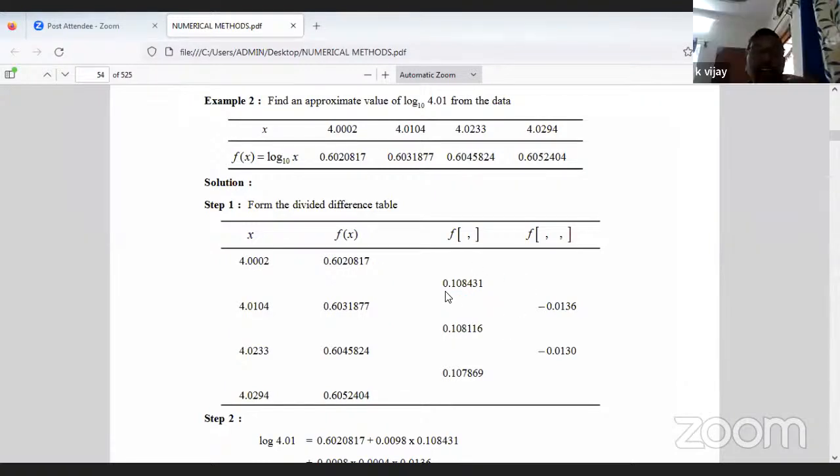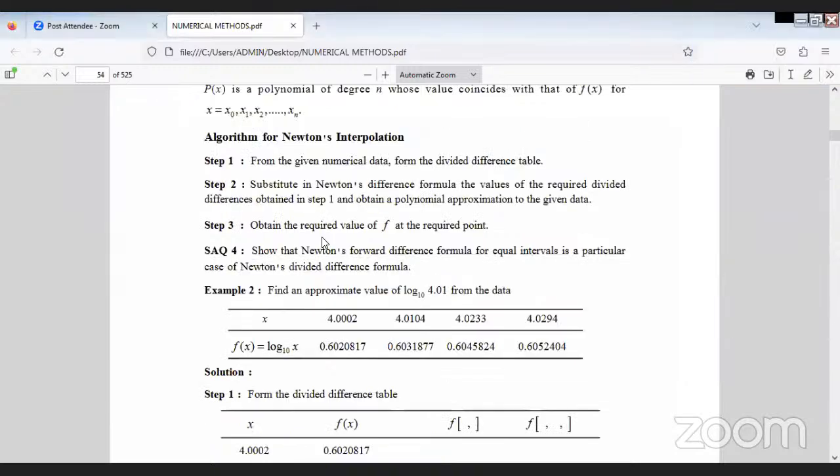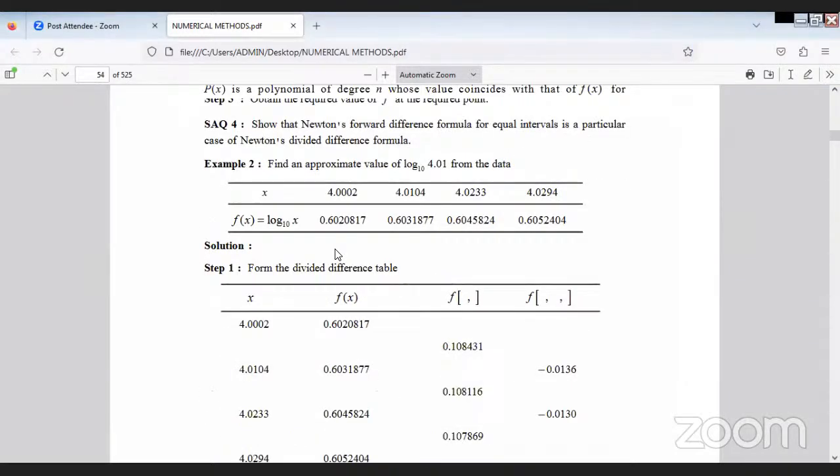See here, I will again the steps I have to 603 వచ్చింది సార్. -603 లో వచ్చింది సార్. అవును సార్, అవును సార్. 0.06031876 అలా వచ్చింది.